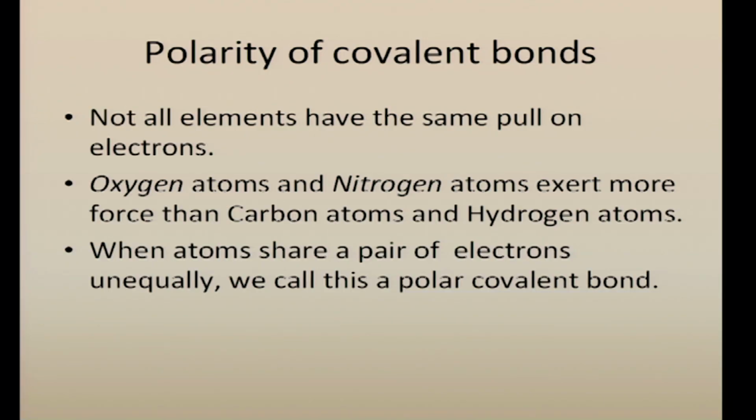So now that we have returned from ionic bonds, let's take another look at covalent bonds, because not all covalent bonds are equal. As it turns out, some atoms that participate in covalent bonds actually hog the electrons more so than others. And two of those big electron hogs are going to be oxygen and nitrogen.